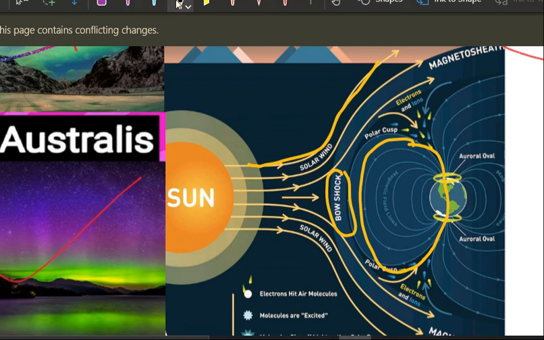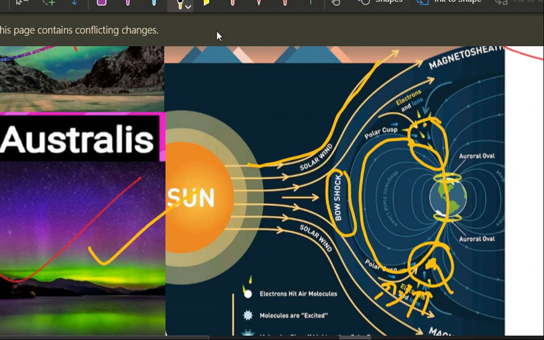But nothing is foolproof. Suppose on top of this magnetic field, there is some infiltration of particles. Those particles react with nitrogen, oxygen, and hydrogen present there and result in these things, auroras.